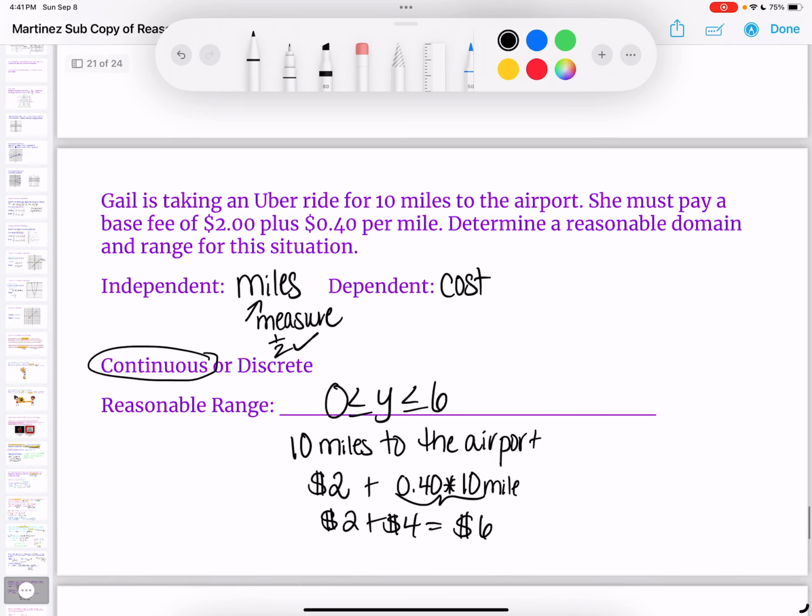So the base fee is 2. So she still had to spend the $2. Because even if she went 0 miles, it would be $2 plus 0.40 times 0. That's 0. So she'd at least spend $2.